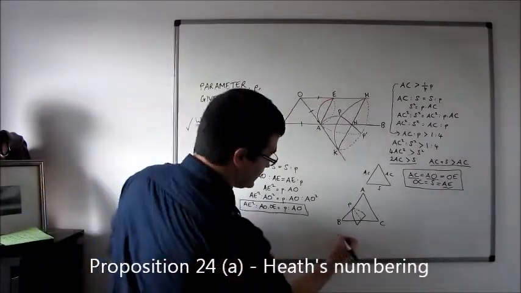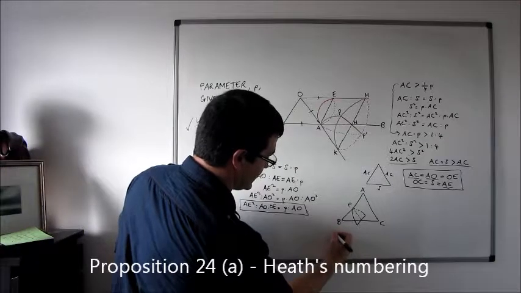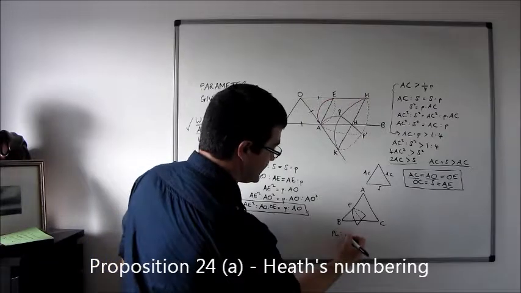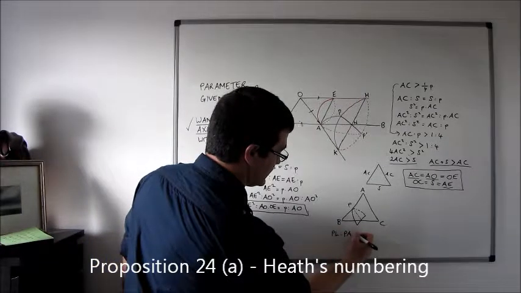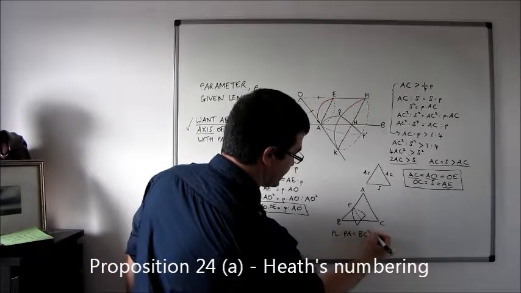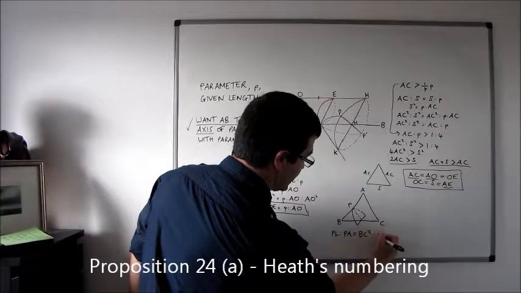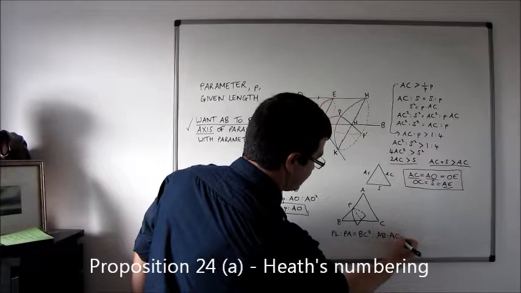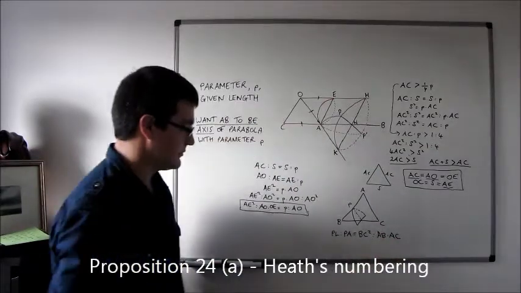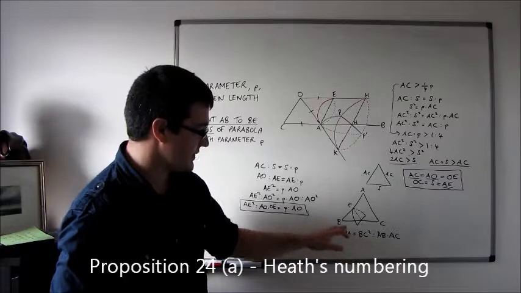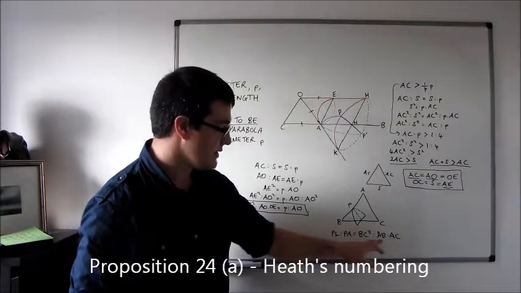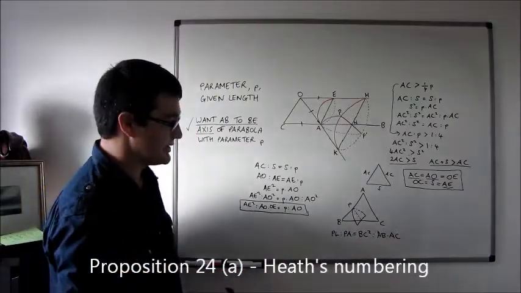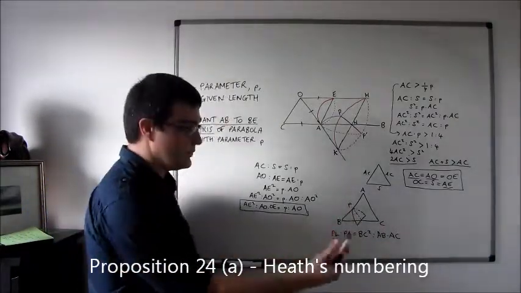So in particular we had that the ratio of PL, which is the parameter, to PA, is equal to BC squared ratio AB times AC. Okay, so BC, base of the axial triangle, ratio to the rectangle contained by the lengths of the other two sides.